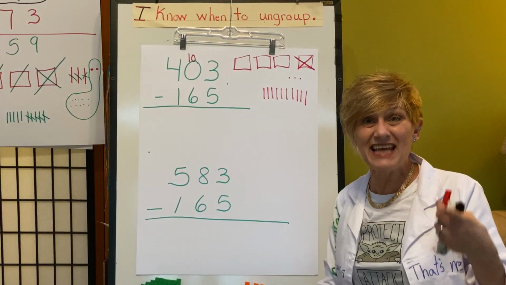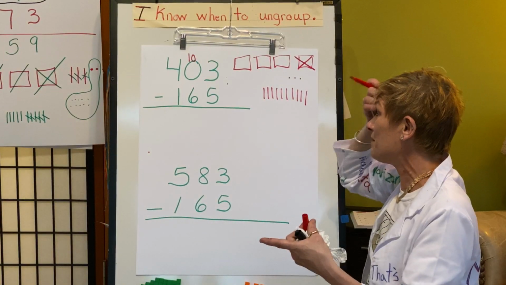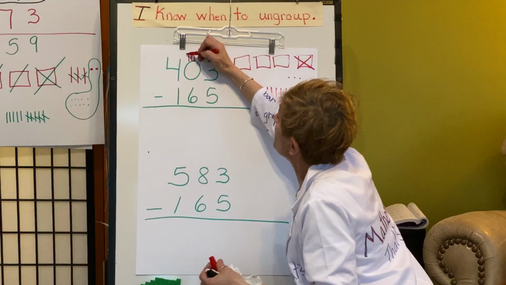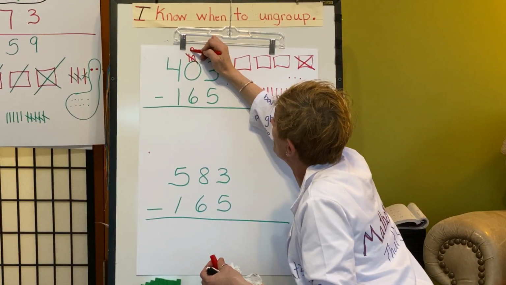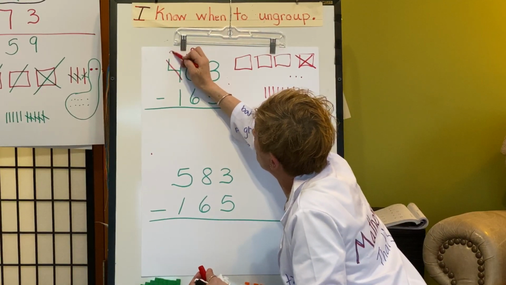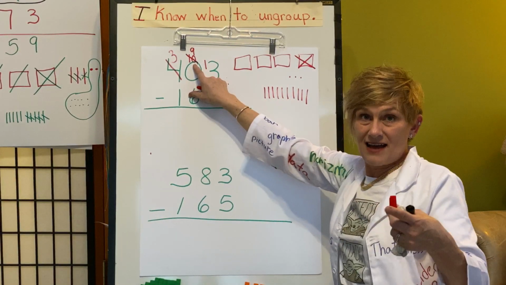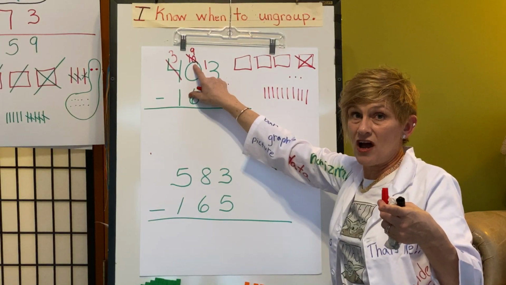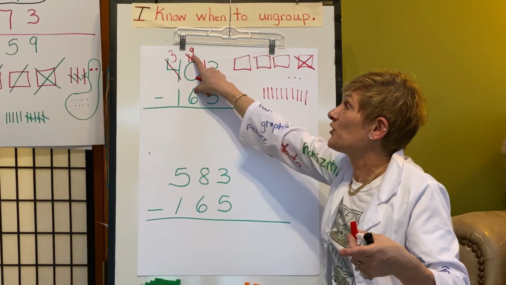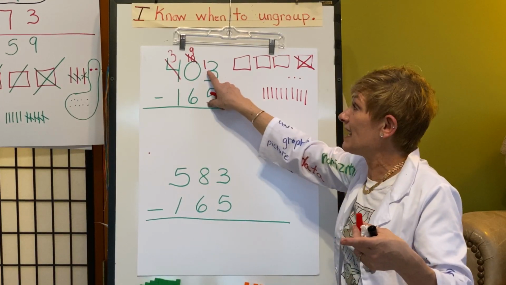And I'm going to actually bring one of them to here. I'm going to take one of those 10 tens and bring it here. So I have 300. I brought that 100 over, ungrouped it. Then I took one of those 10 tens and gave it to the ones.